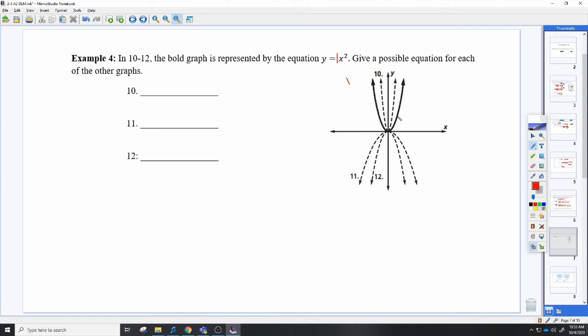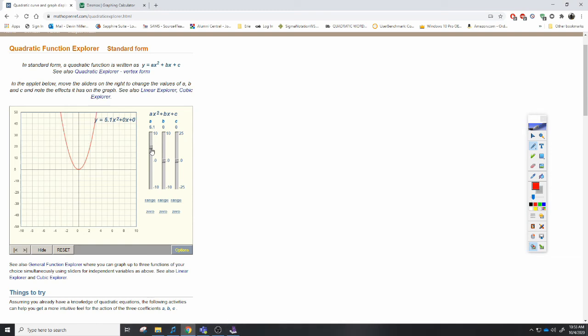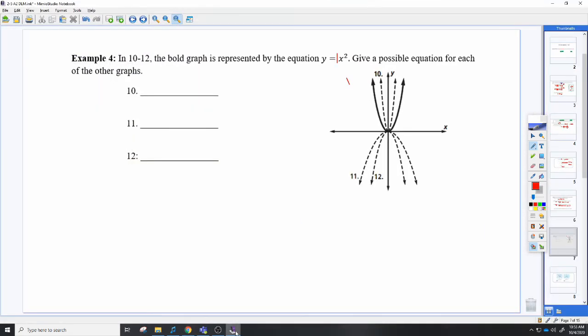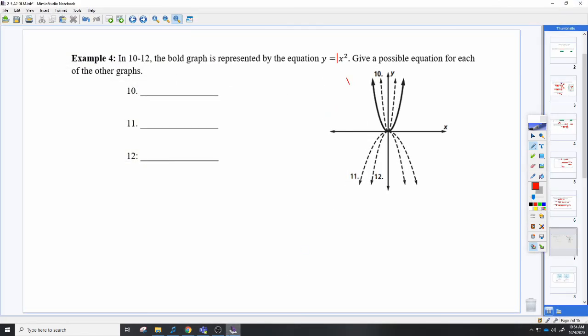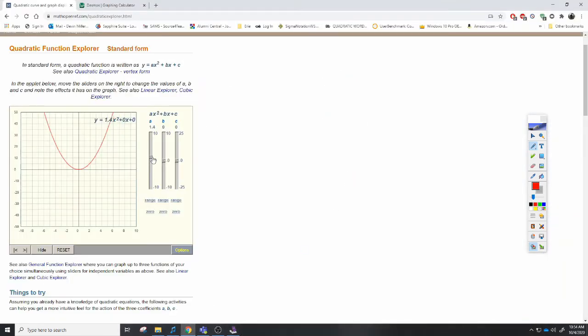Let's start with 10. Well, if this is just x squared and it gets skinnier, what's going to happen? So let me go to just 1x squared. Okay, that's pretty close. And then if we wanted it to be skinnier, well, what number would we pick? Just something bigger than 1, because it's still facing up, right? It's still a U shape. If I want it to be really skinny, maybe I would say it's like 7.